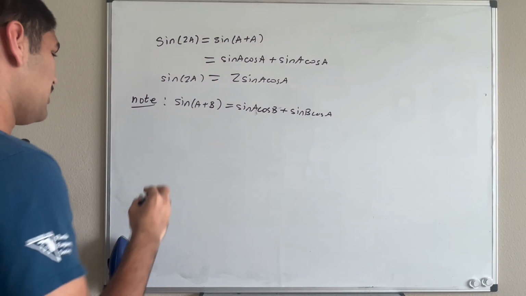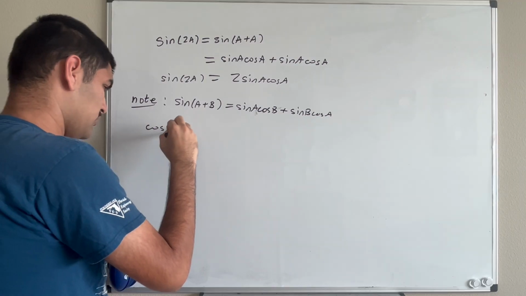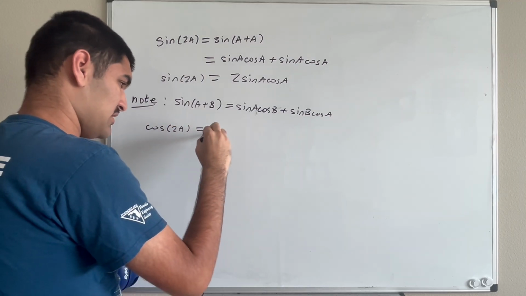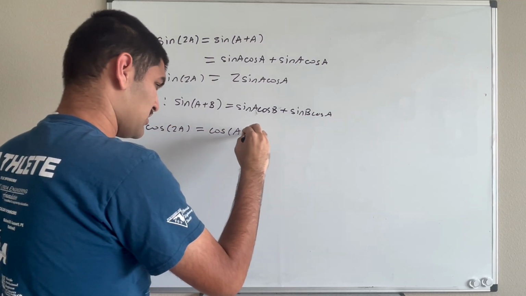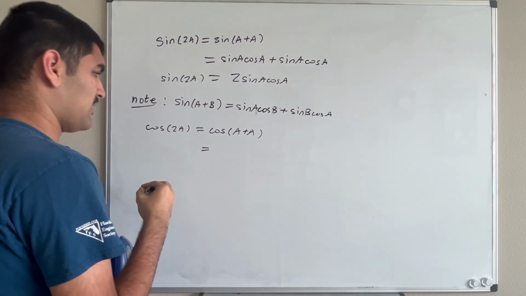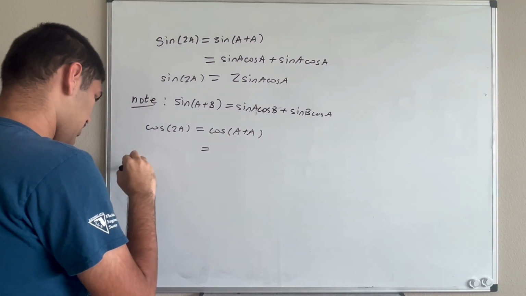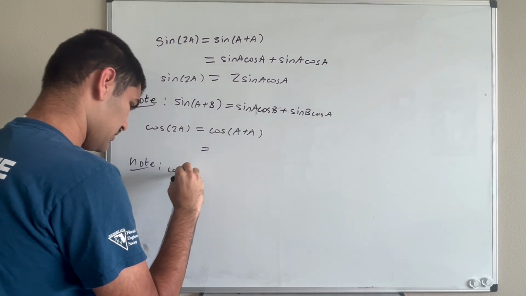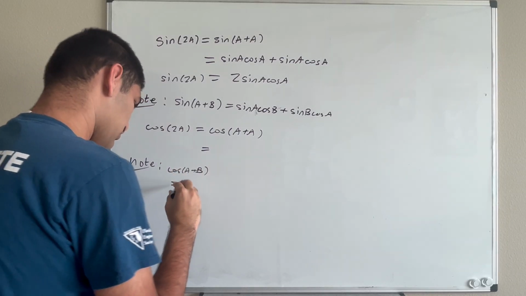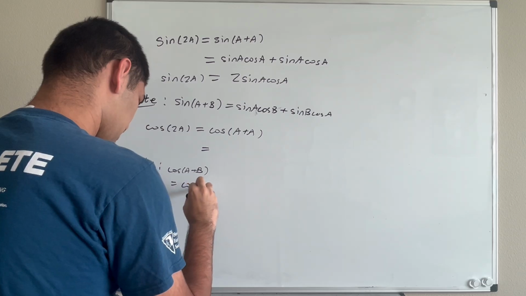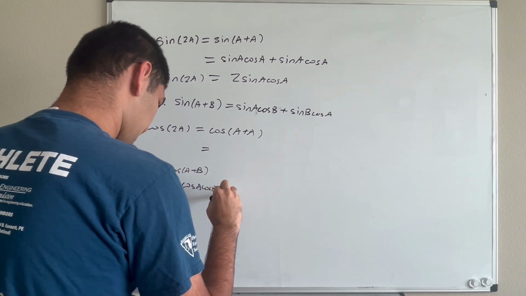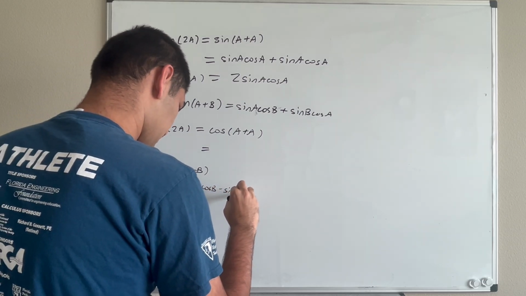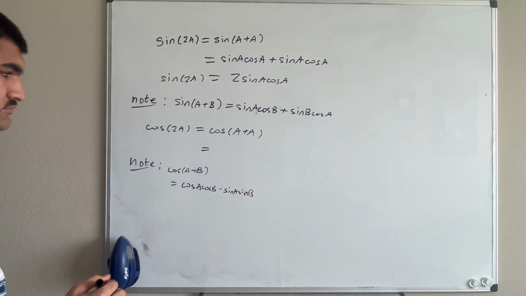Okay? And then now we have cosine 2a. So it's like the exact same thing. You just split this up as cosine of a plus a, and then you apply the identity. So I'll do another note. Cosine of a plus b was equal to cosine a cosine b minus sine a sine b. Okay?